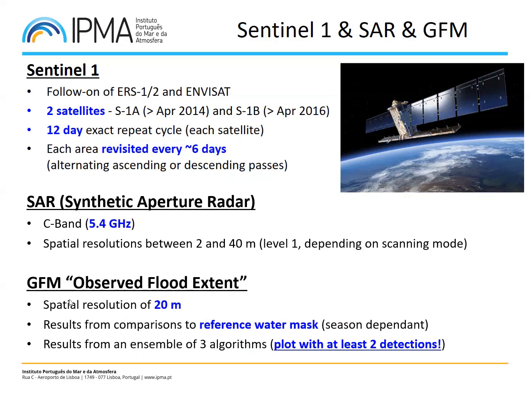And the other thing that is important to take into consideration is that those results that I showed you before use a reference water mask, and this water mask is season dependent. So if an area is usually flooded in this part of the year, then the product will consider that and will not consider it as an additional flooding.